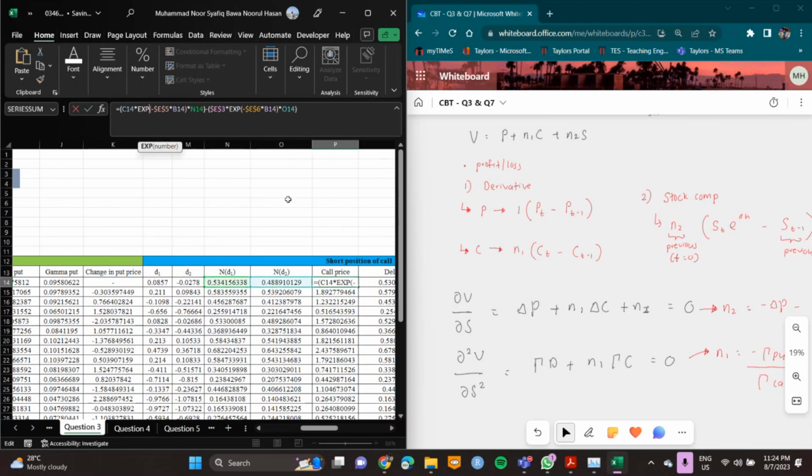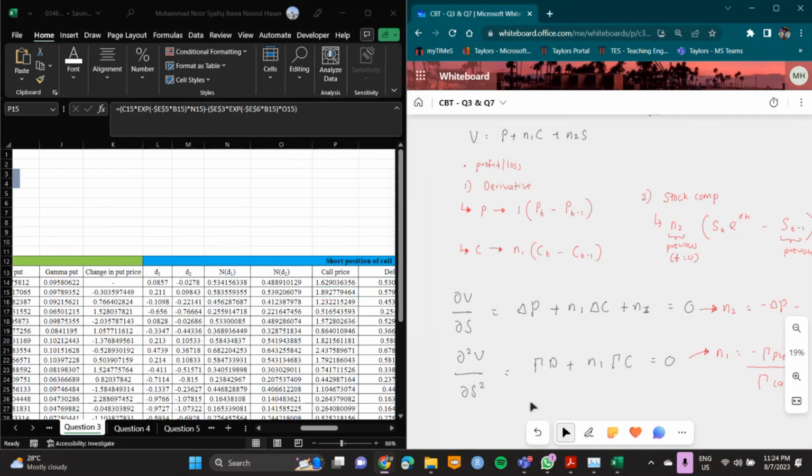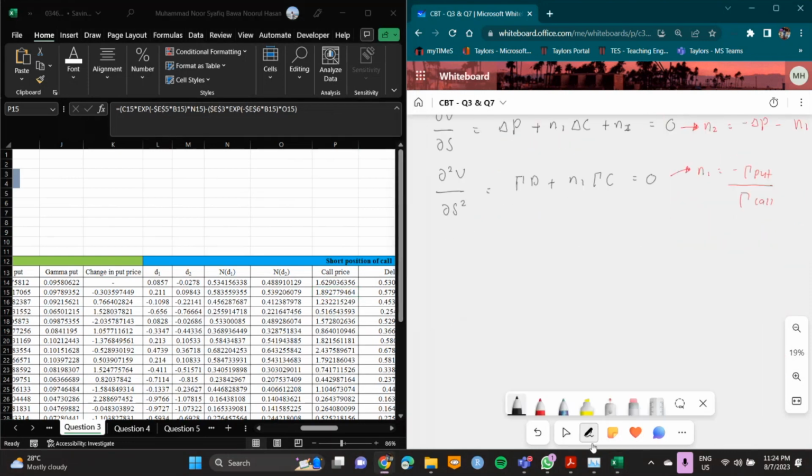So for the call price and put price, maybe I can also write the formula here. For the put price just now, P is equal to K e to the negative r(T minus t) N(negative D2) minus S e to the negative delta (T minus t) N(negative D1). So the S value changes every day, but the K value stays the same.